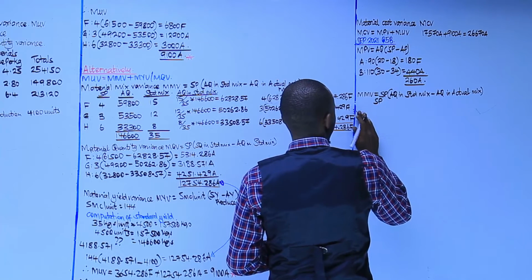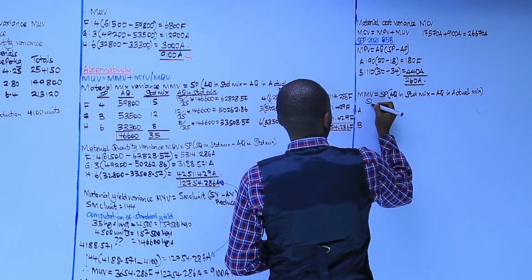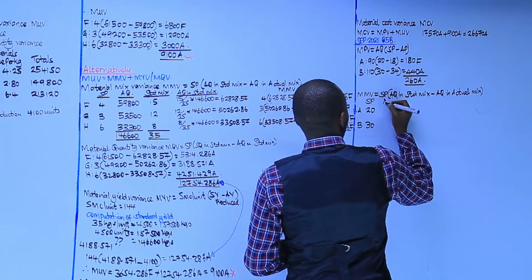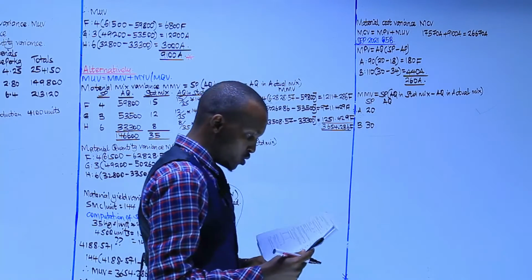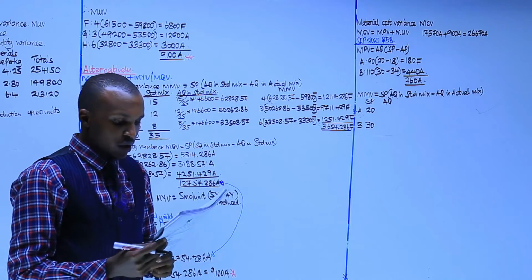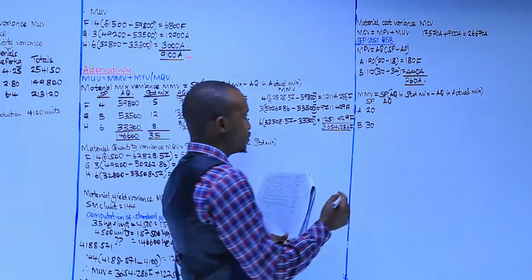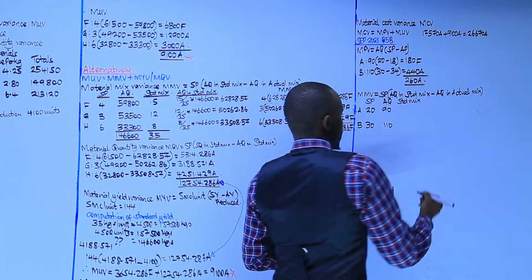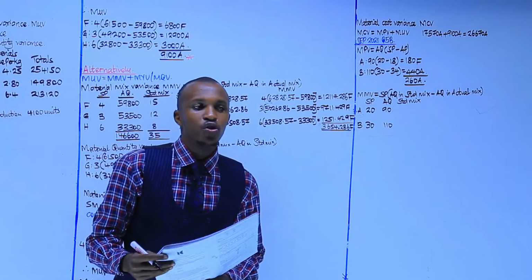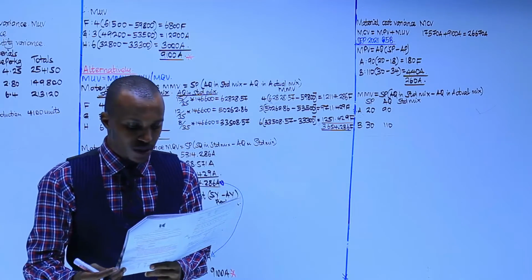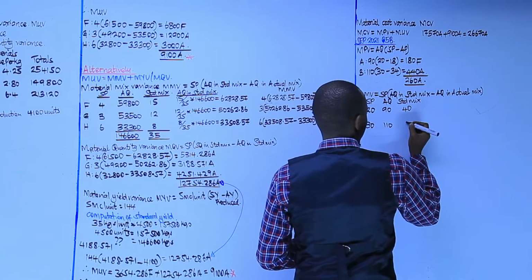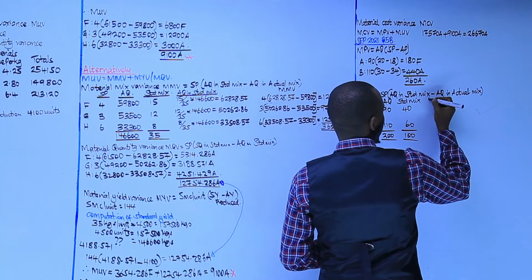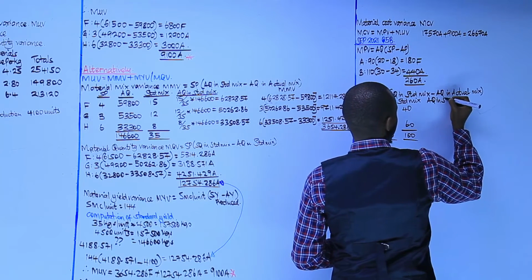The standard price of A is 20, B is 30. Your actual quantity that was used is 90 for A and 110 for B. Your standard mix, the ratio of how you are using your materials, is 40:60. That is 200 in total. Therefore, actual quantity in standard mix.